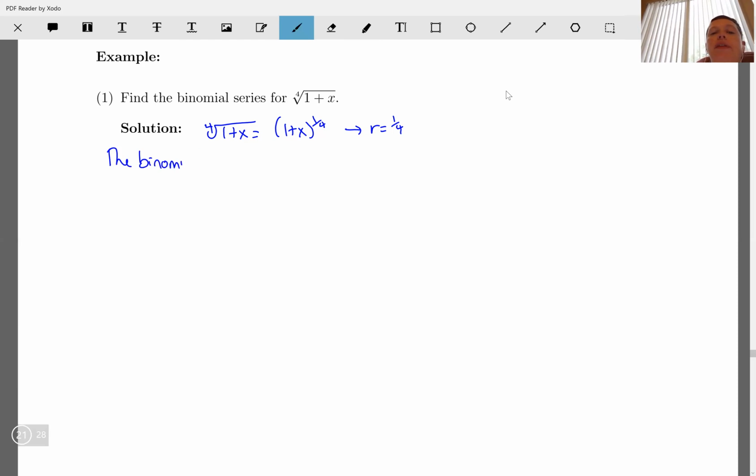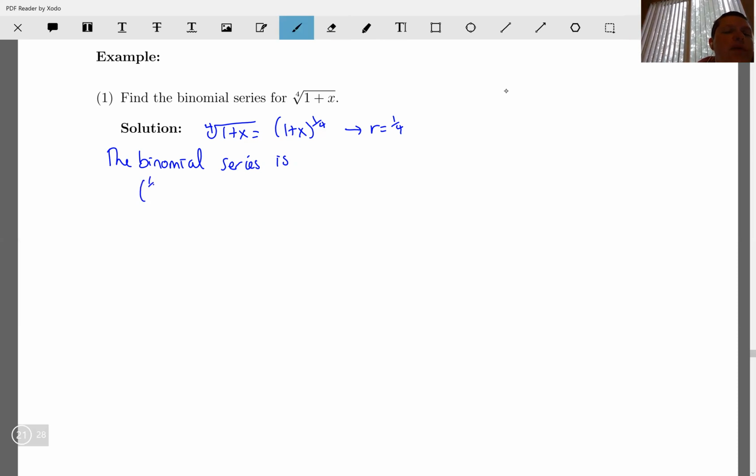In general, for these, we are not going to have a nice closed form solution. We'll just write a few terms. I'm getting ahead of myself. I'm ready to write the few terms.